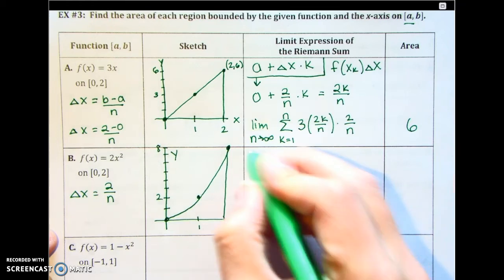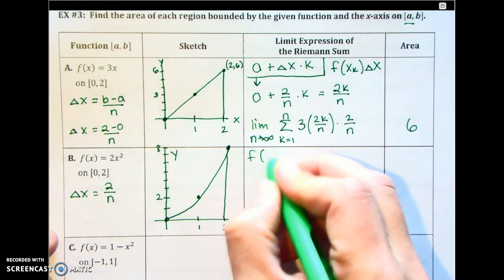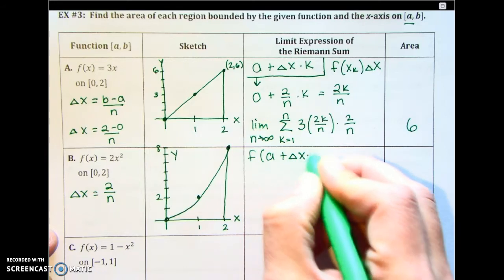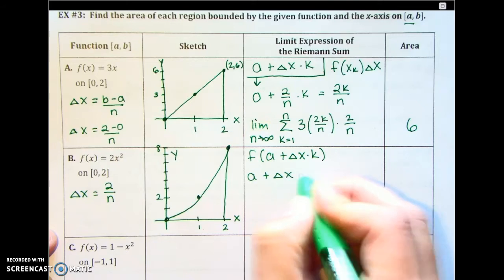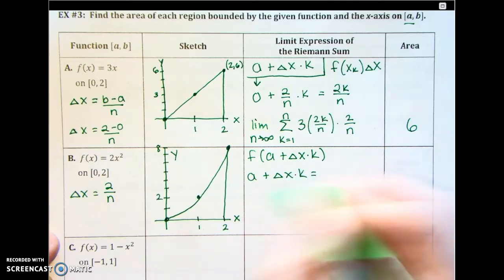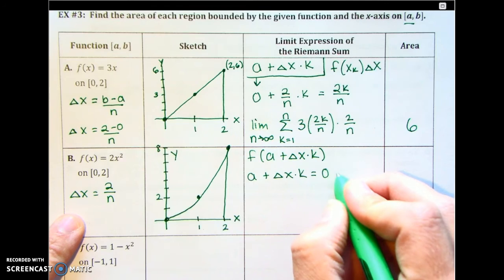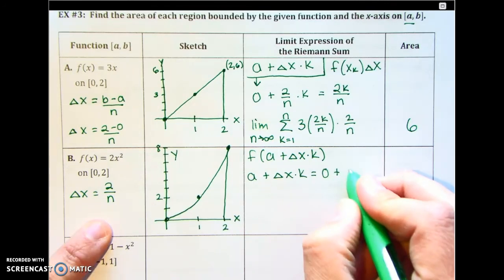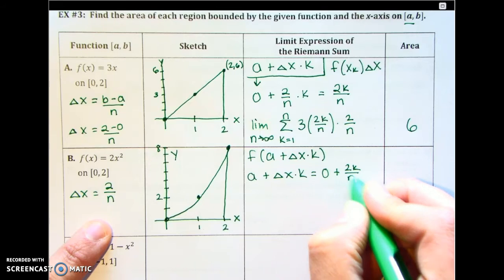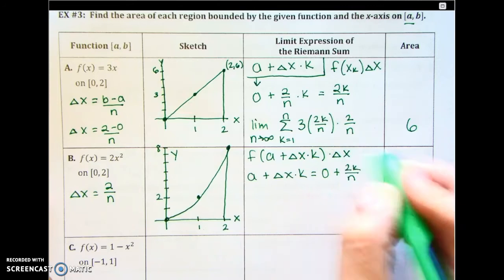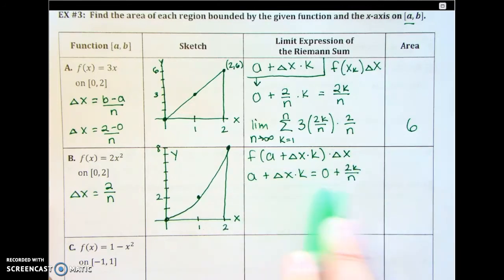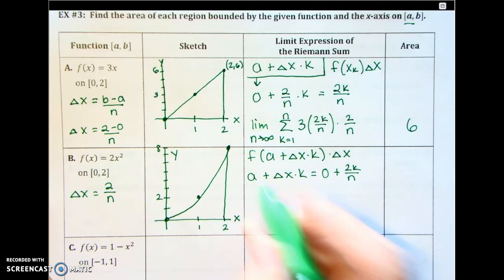Here we go. What do we find first? So we need f of a plus change of x times k. So a plus change of x times k equals, what's a? A is our starting, 0. What's change of x, 2 over n, times k. This is what we're trying to get. So I did the inside first. See how that's the inside? Now I'm going to plug this inside into the function. What was the function? 2x squared.